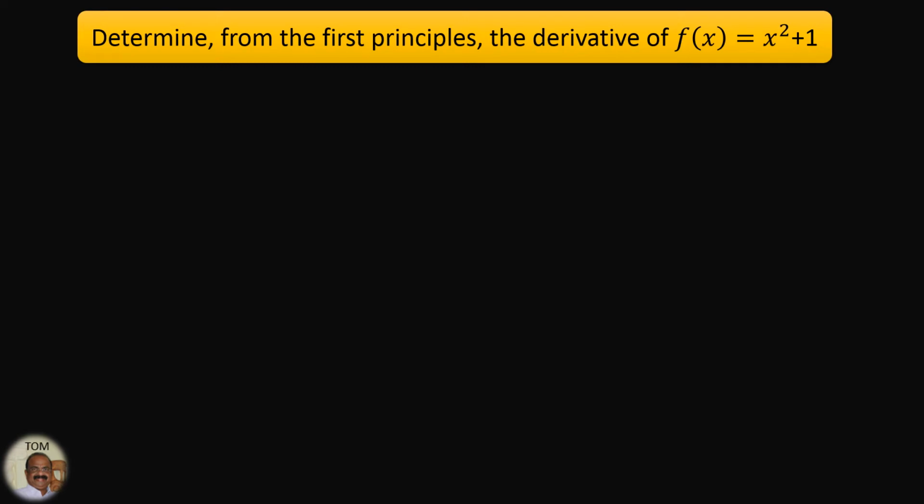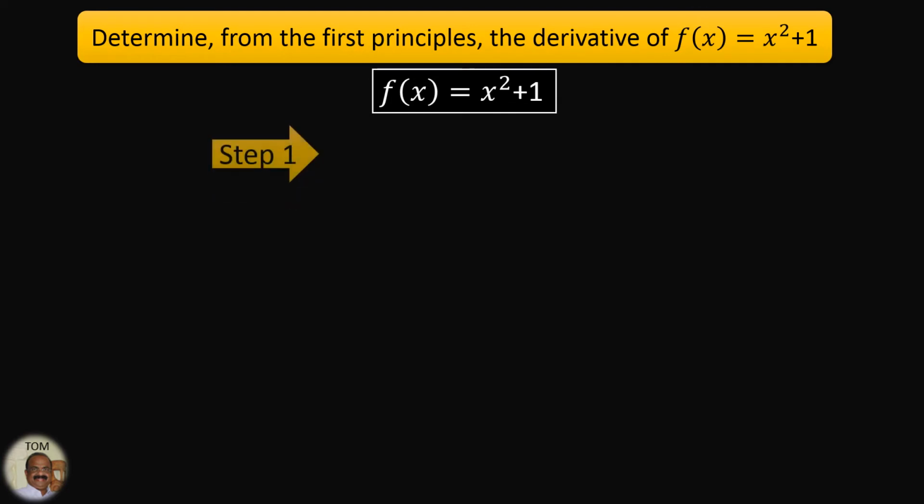One more example. Determine from the first principles the derivative of f of x equal to x square plus 1. So we are going to write all the steps here. Step 1.